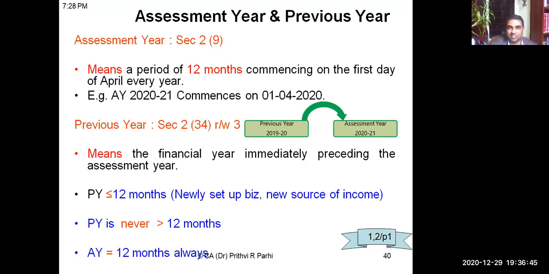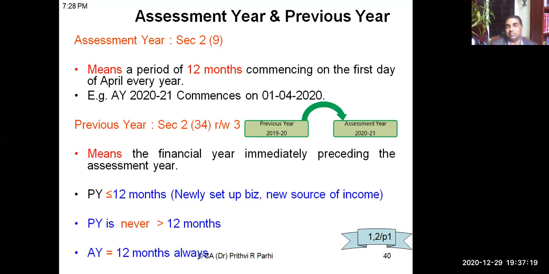So here, has it been said that it is 12 months? No, sir. Nowhere is it said to be 12 months. Previous year can be less than 12 months also. It is a financial year, and the financial year can be more or less.